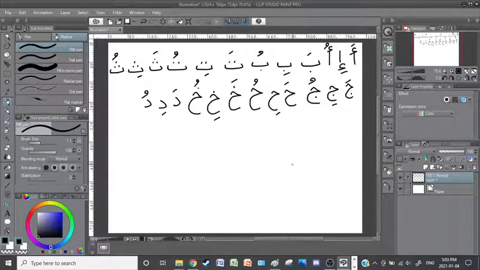Then the next letter is dhal, which is the TH sound in the, that, then. That is the actual TH sound. Dhal with a fatha is tha, or this one.